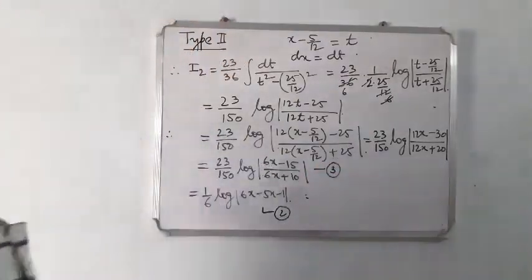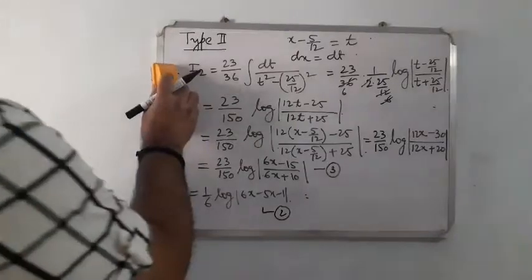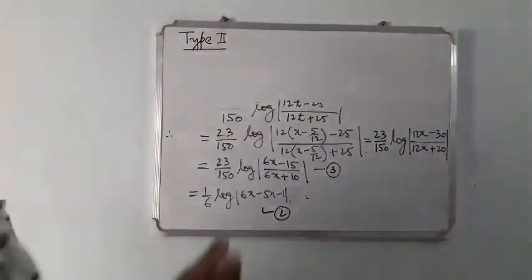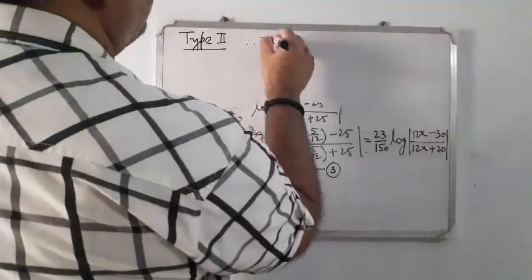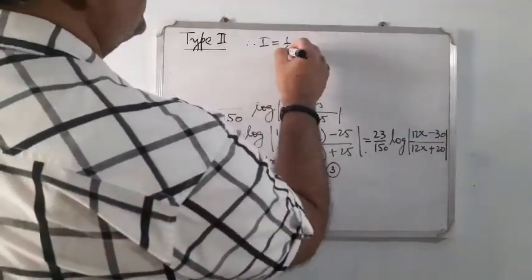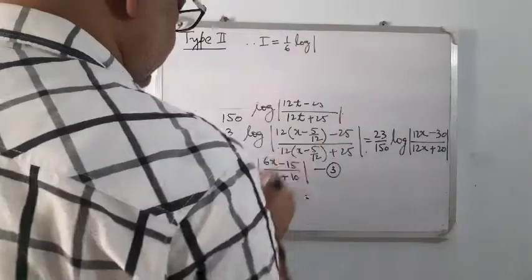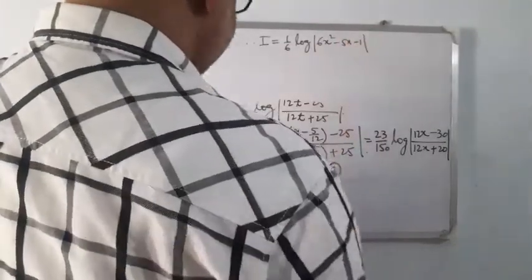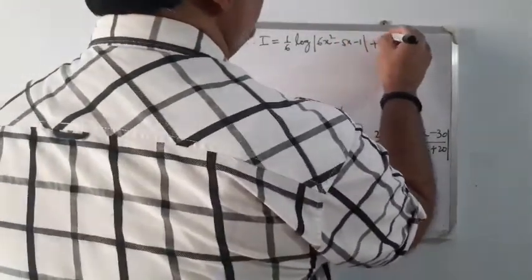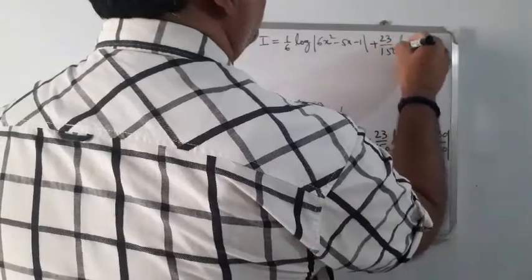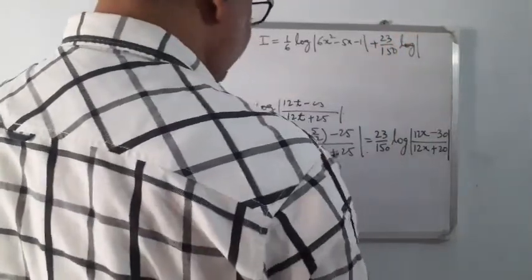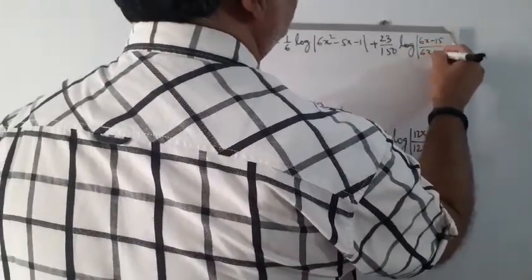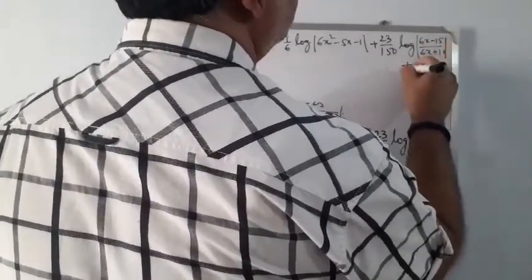Now, therefore, I is equal to, you have to write, therefore, I is equal to I1 plus I2. So therefore, I is equal to, you can write 1 by 6 log mod, that is 6x square minus 5x minus 1, and then plus 23 by 150, that is log mod 6x minus 15 by 6x plus 10 mod closed, and then plus c.